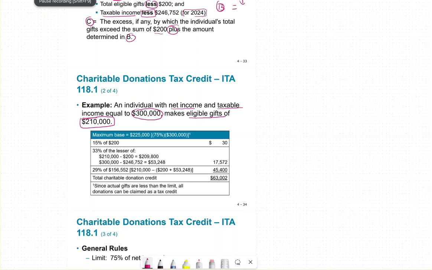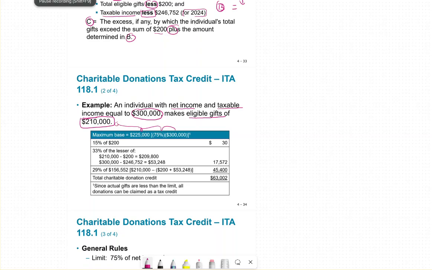When we are doing it, the maximum base for us will be 300,000, their taxable income. 75% will be 225,000. That's the maximum we could donate, but this individual donated 210,000.